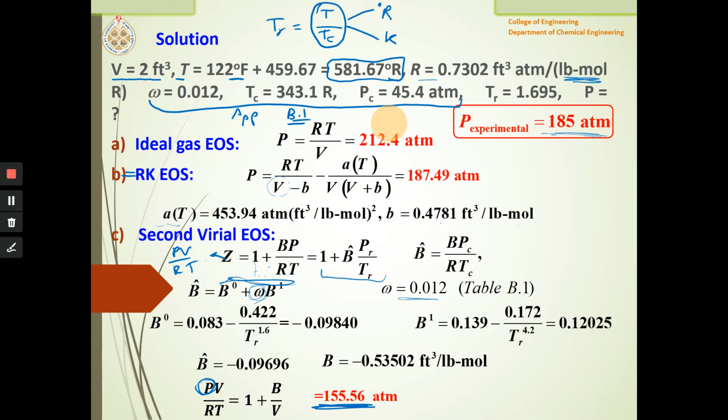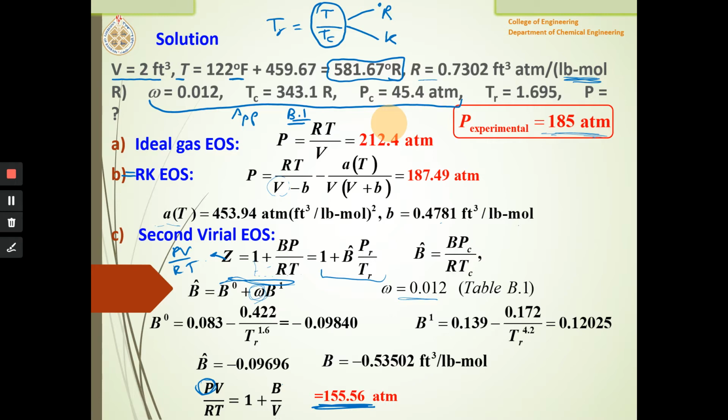Where are those equations? Maybe better to show you those equations. Let me clarify this furthermore. Yeah. Page 102, you can see there is a relation between Z0 and B0 and Z1 and B1.